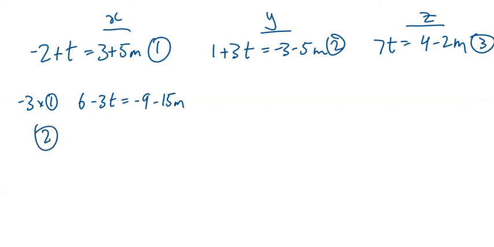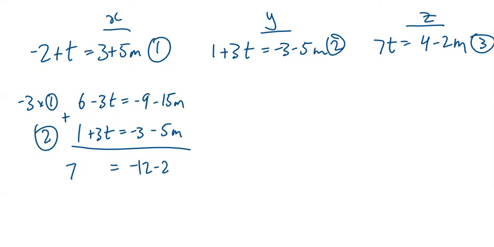I got negative 19 over 20. I'm going to sub that into equation 1 to find t. So I got 5 minus 19 over 4, which is 20 over 4 minus 19 over 4, which is 1 over 4.